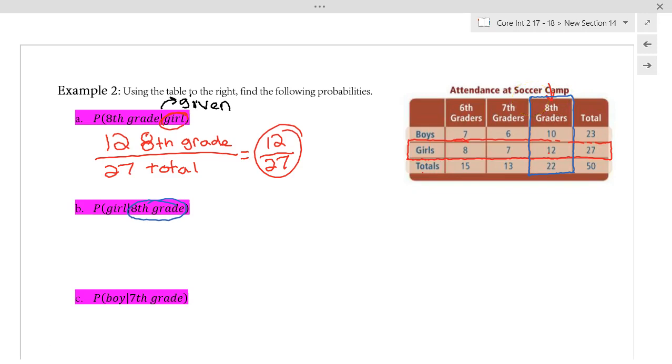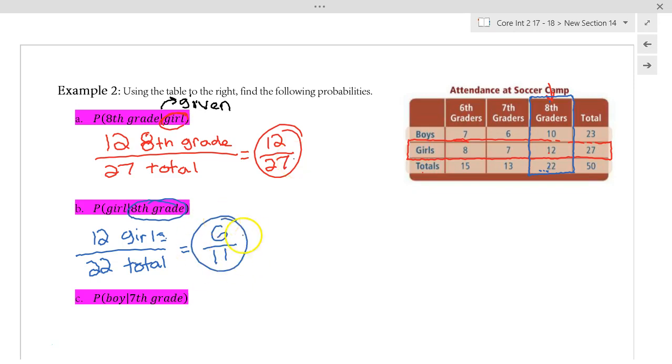So finding the probability of a girl, there's 12 girls out of, now my total is 22. 12 out of 22 does reduce to 6 out of 11. Okay? So these are very different answers. So it does matter what the order is. Be very careful with that.